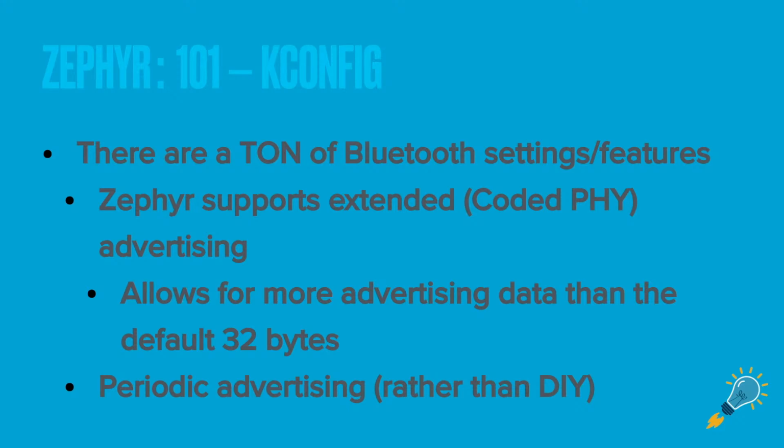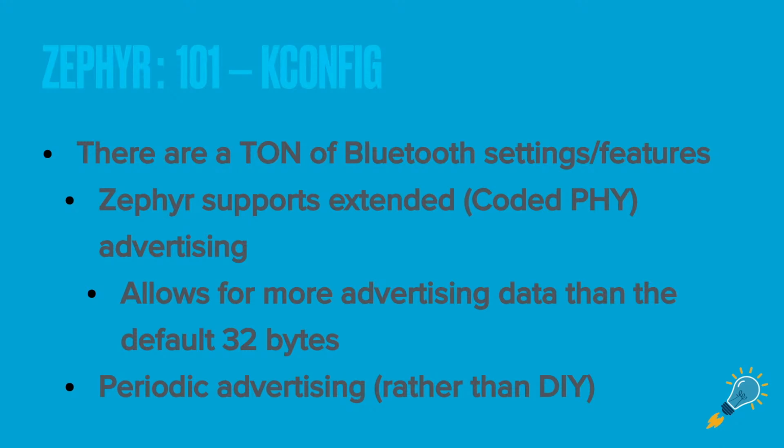But there are a ton of Bluetooth settings and features. It goes beyond this. There are a lot of different niches and rabbit holes you can jump down if you really want to use the full functionality of Bluetooth, and they're constantly adding to the Bluetooth Low Energy stack, the definitions and the functionality. A lot of this stuff is already built into Zephyr.